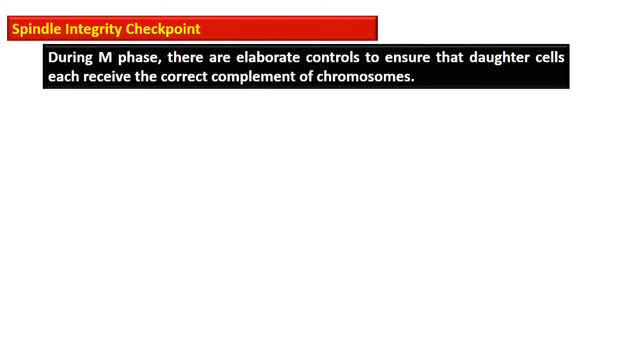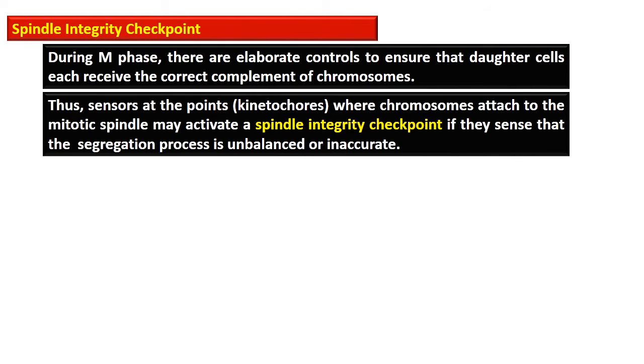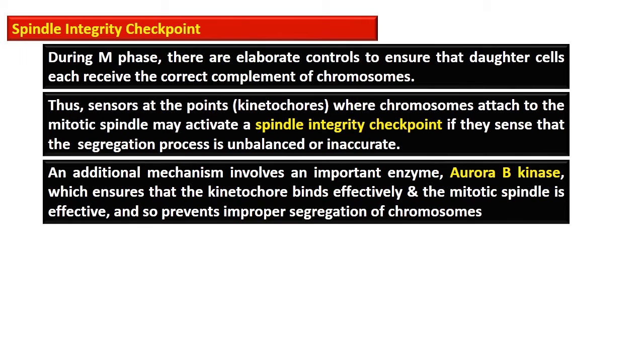During mitosis, each cell should receive the correct complement of chromosomes. This is achieved by activation of the spindle integrity checkpoint that senses the correctness of division. It is activated by sensors at the kinetochores, that is the area where chromosomes attach to the mitotic spindle.